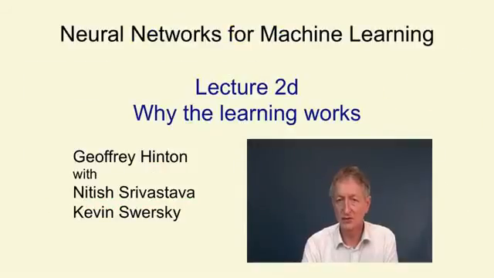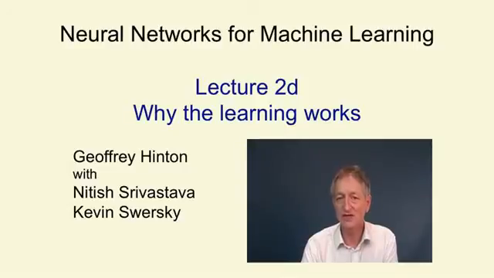In this video, we're going to look at a proof that the perceptron learning procedure will eventually get the weights into the cone of feasible solutions. I don't want you to get the wrong idea about the course from this video. In general, it's going to be about engineering, not about proofs of things. There'll be very few proofs in the course.